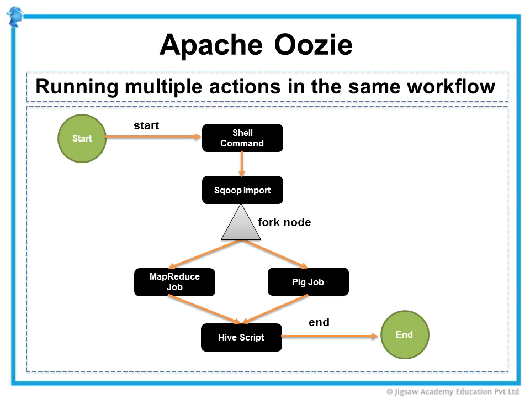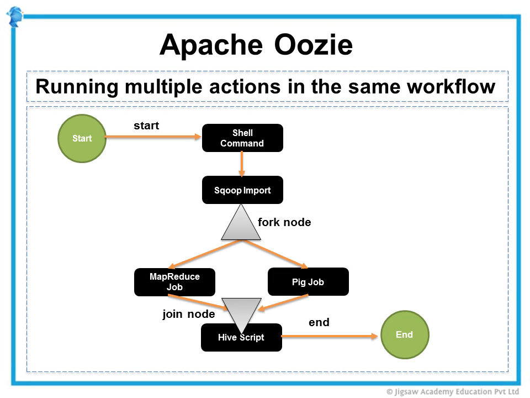And once the paths have been split, we need to join the paths using a join node. And remember, a join node always waits until every concurrent execution path of the previous fork node has completed before it proceeds to the next action.